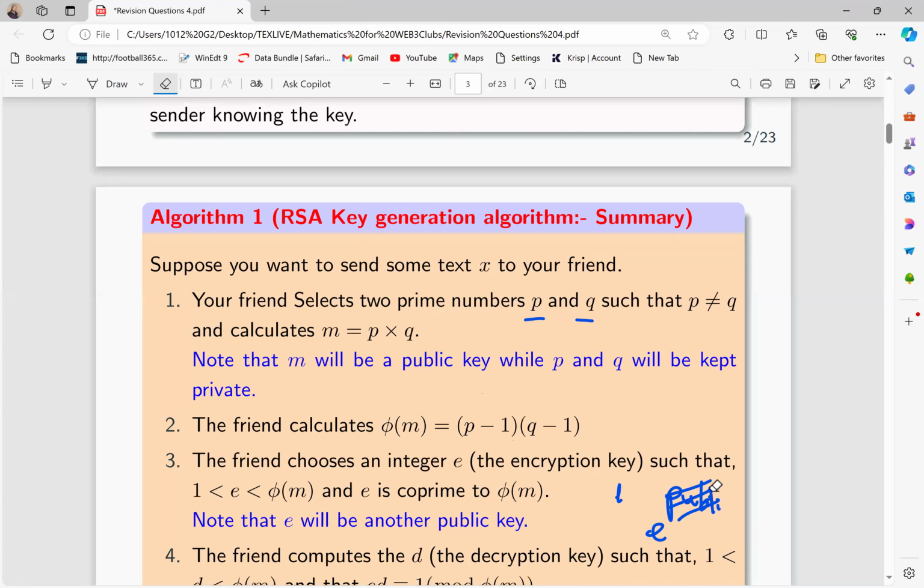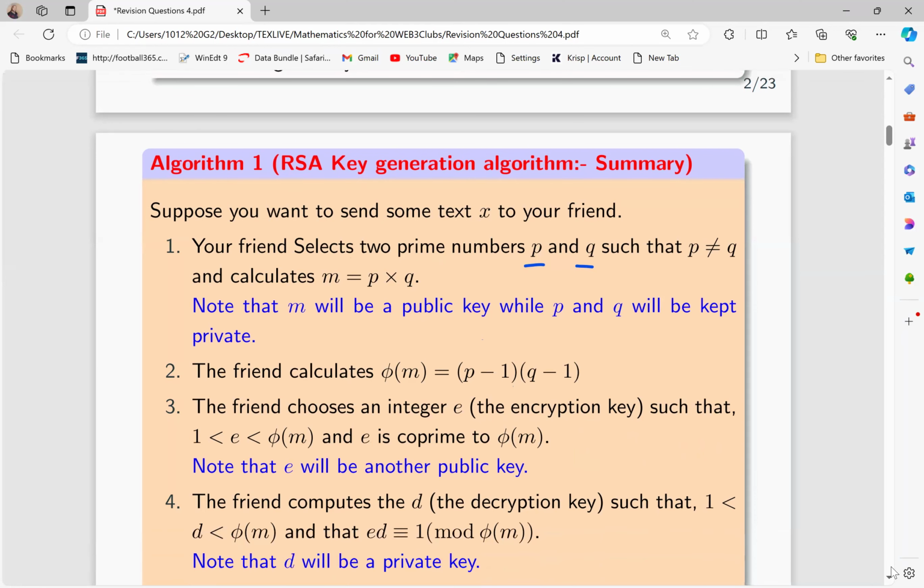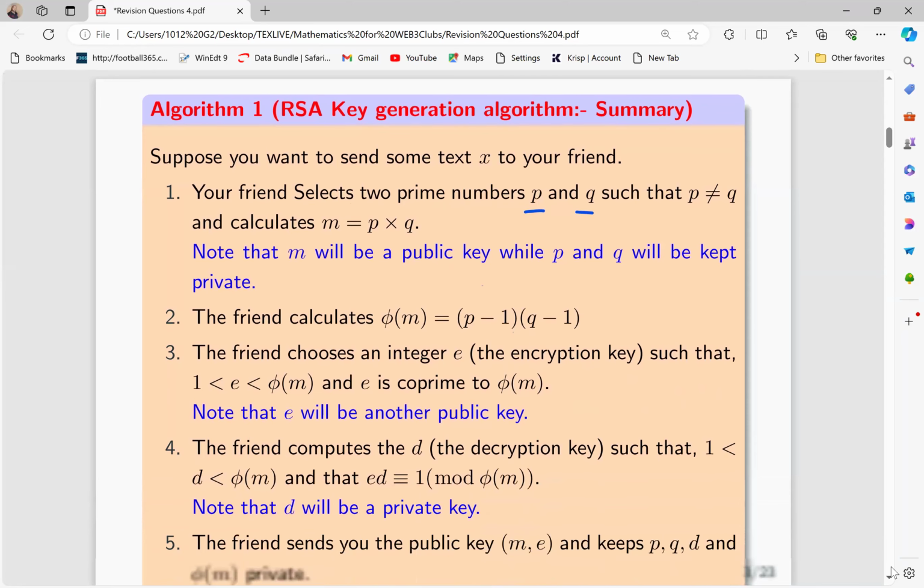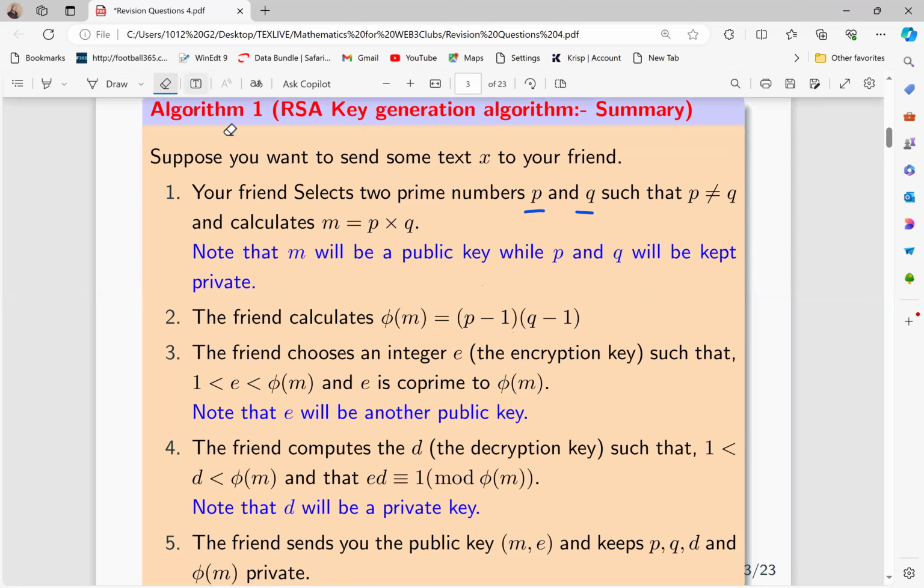Now, since he has made these two public, if you wanted to send him any message, you can use these two to encrypt the message and then send it to him. Is that okay? So shall we see how to encrypt the message? But he still has one role, which he can even do after you send him the message.